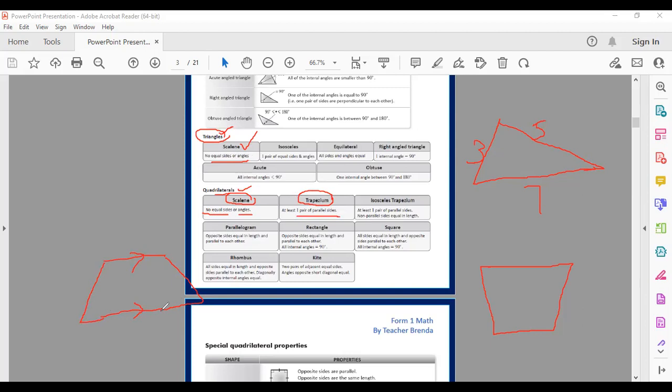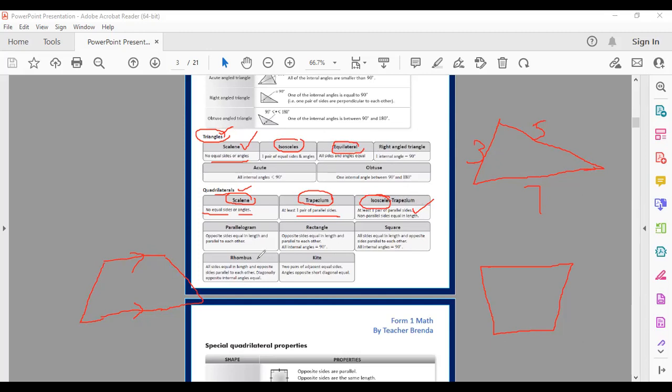Before we do the questions, guys, you need to understand all this. Otherwise, you will not learn. I have given you ample notes. In fact, out of 20 pages, 10 pages may be notes. Isosceles, you have isosceles triangle. You also have isosceles trapezium. Read what it is. Equilateral triangle.